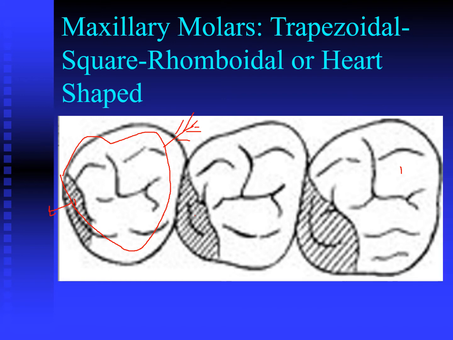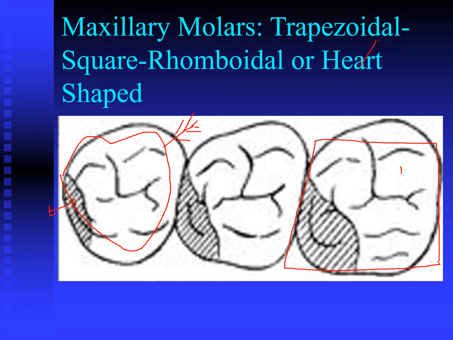And this actually, if you compare again the outline form of the molars, the first molar being trapezoidal in this case, you can see that there is a phenomenon that I didn't talk about in the last slide of watching the surfaces of the mesial and distal surface actually converge to the buccal.